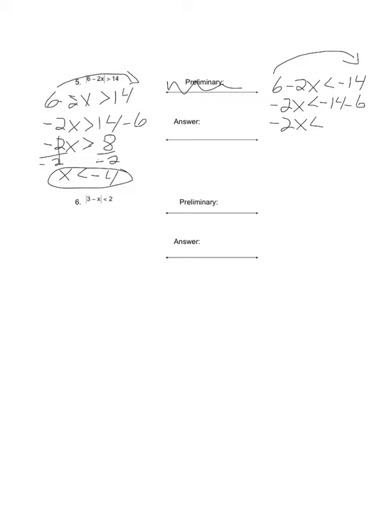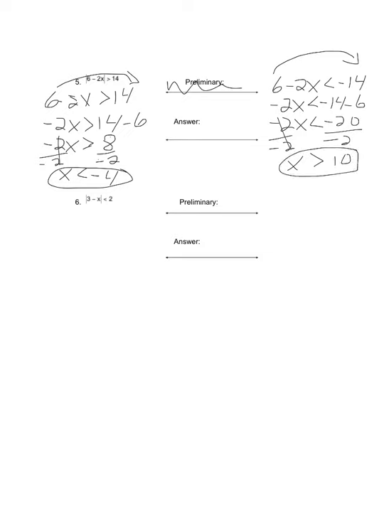Negative 14 minus 6 more. Negative 20. Now what? Divide by negative 2. X is greater than, because you said beep, beep, beep, bells and whistles. X is greater than 10.